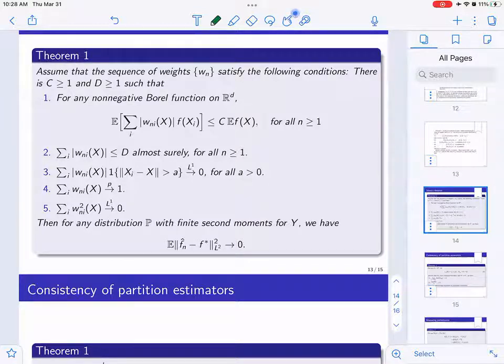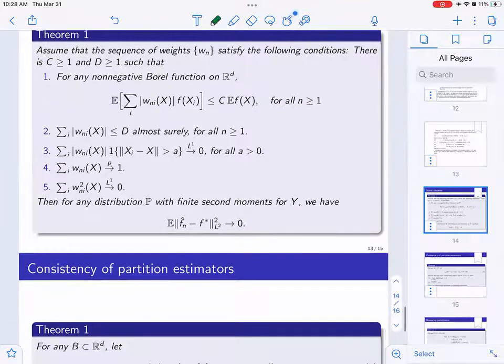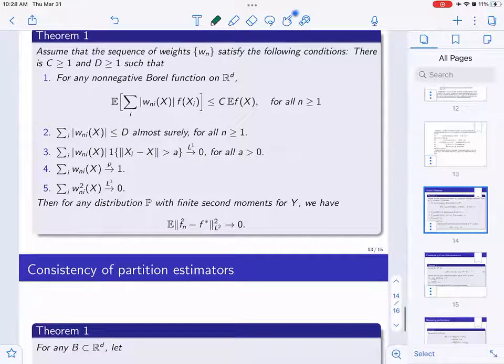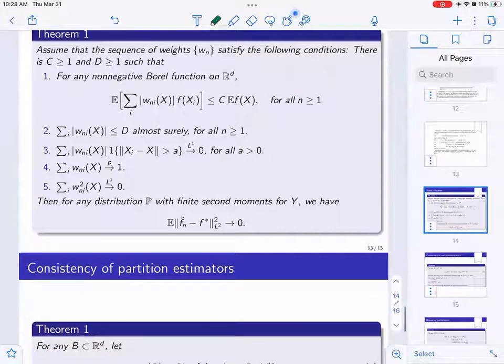There are a couple of things to unpack here. One thing is the meaning of this. I wrote it in a compact form, and we're going to talk about what this means. It's related to the performance measures, but it's a form of consistency, L2 consistency.